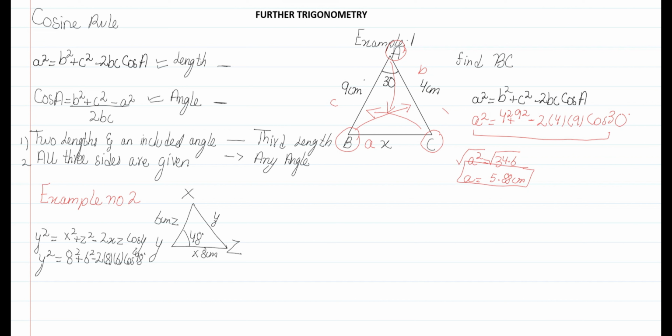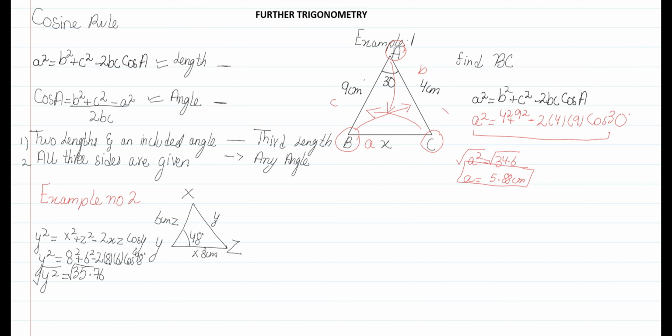Okay, this will give you basically y square is equals to 35.76. Now you have to remove this square, so taking root on both sides.